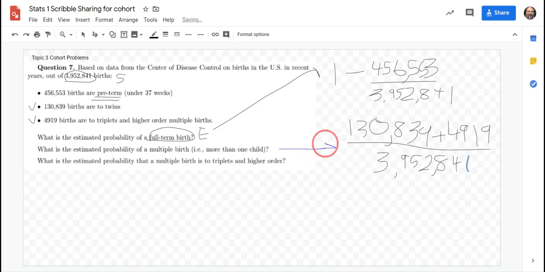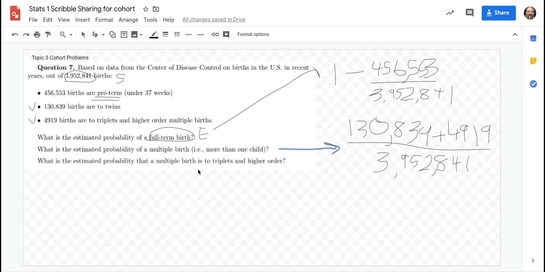All right. Let's read the third one now. What is the estimated probability that a multiple birth is to triplets and higher? So this is a little bit interesting. That's a given. We've been told that there's a multiple birth.